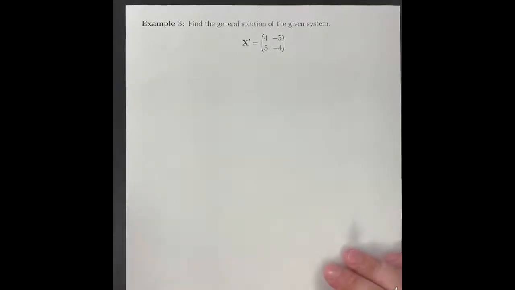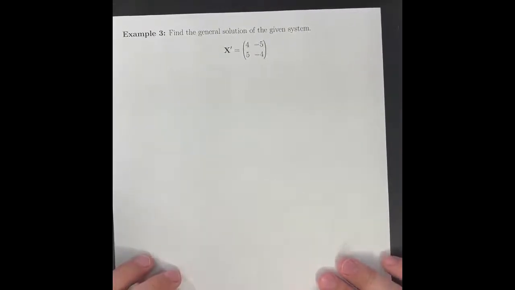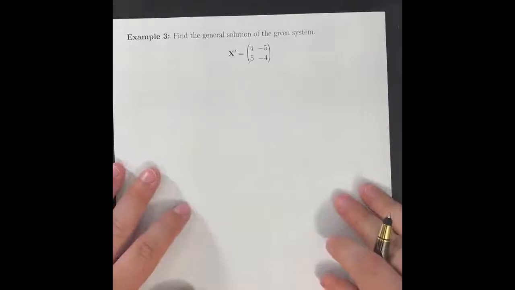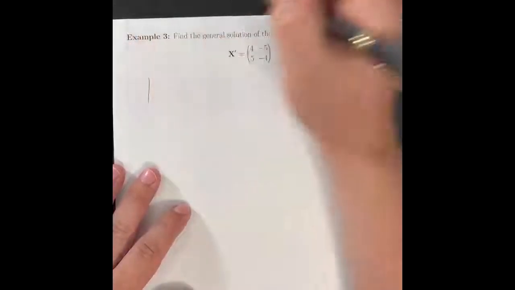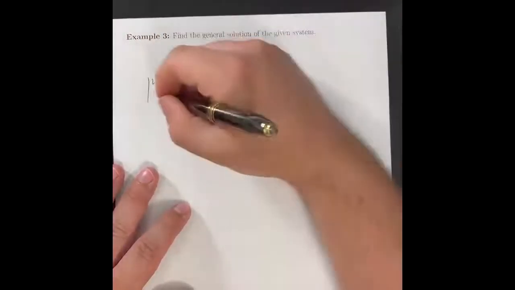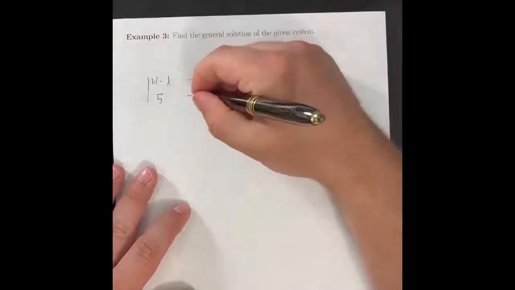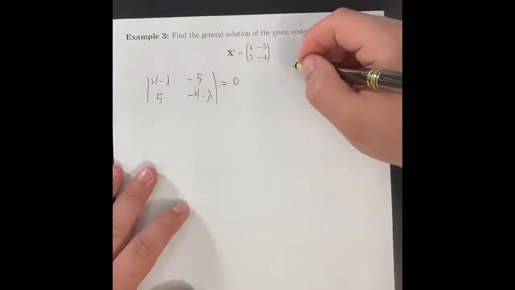All right, now for our last example, it's going to be a complex case. Again, we need to find the eigenvalues. So that's solving this equation, 4 minus lambda, negative 5, 5, negative 4 minus lambda equals 0.